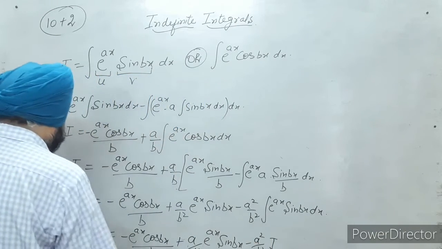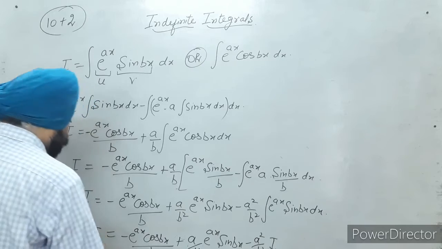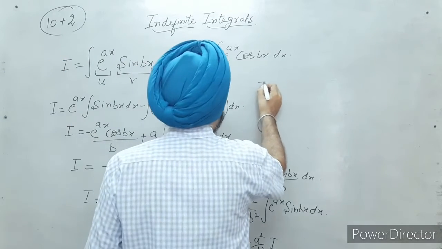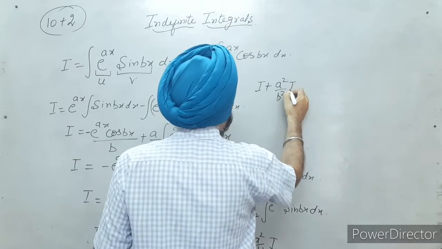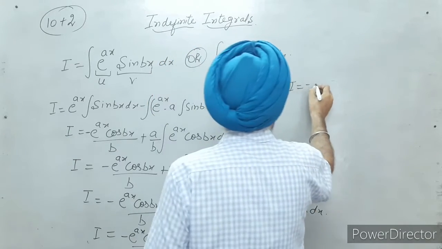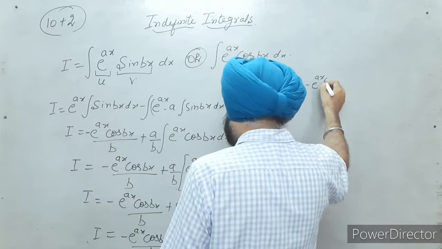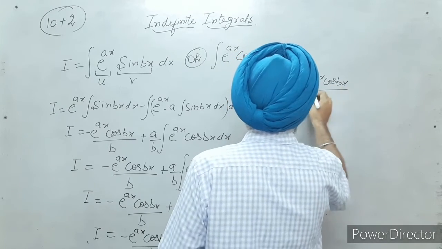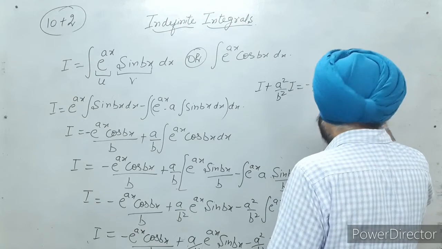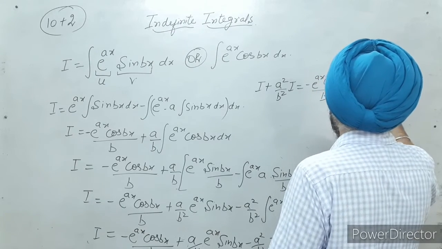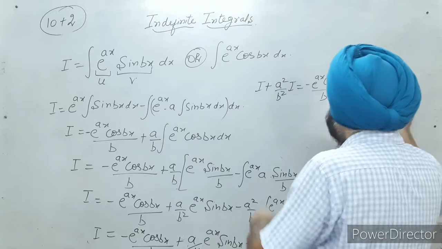Bring this I to this side. This becomes I plus a square by b square I equals minus e^ax cos bx upon b plus a upon b square e^ax sin bx.